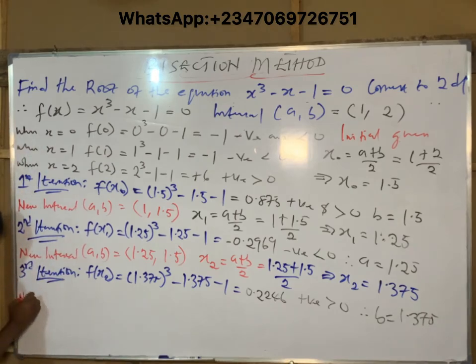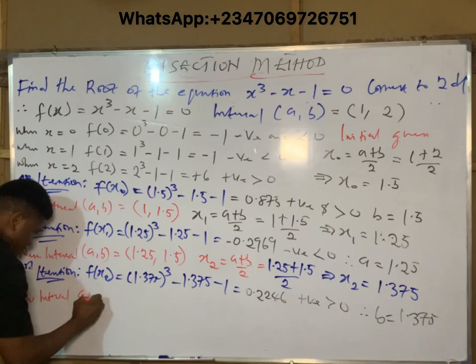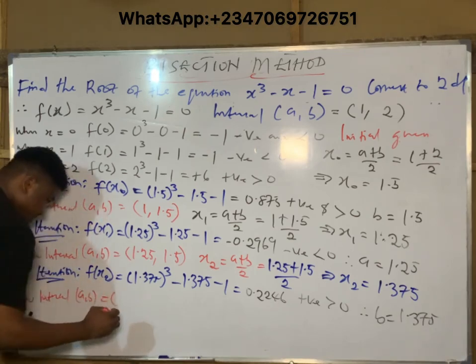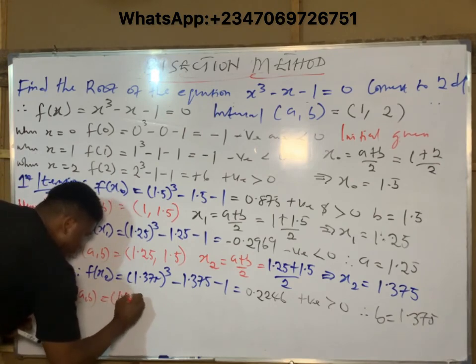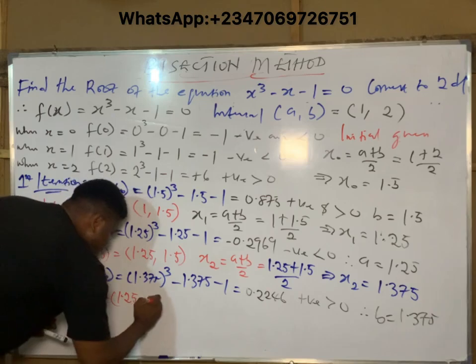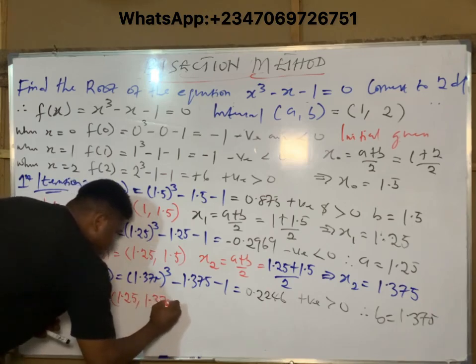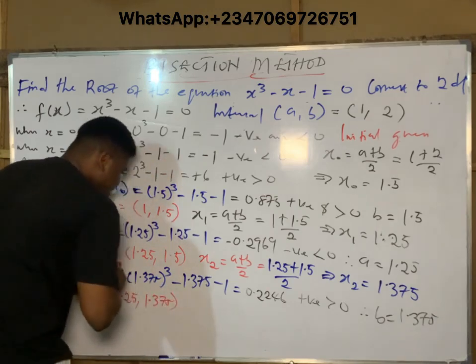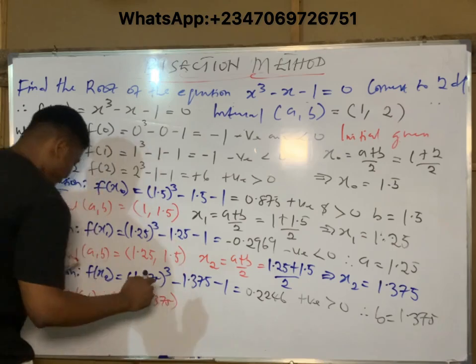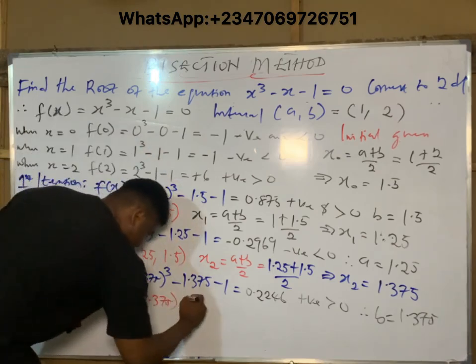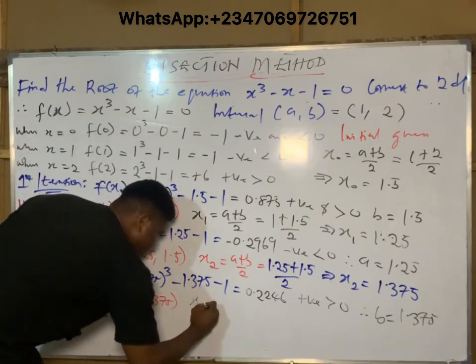So our new interval becomes a comma b, which is, now a remains 1.25, but now b is 1.375. So with this, we can now find our next iterative value, which is x3.